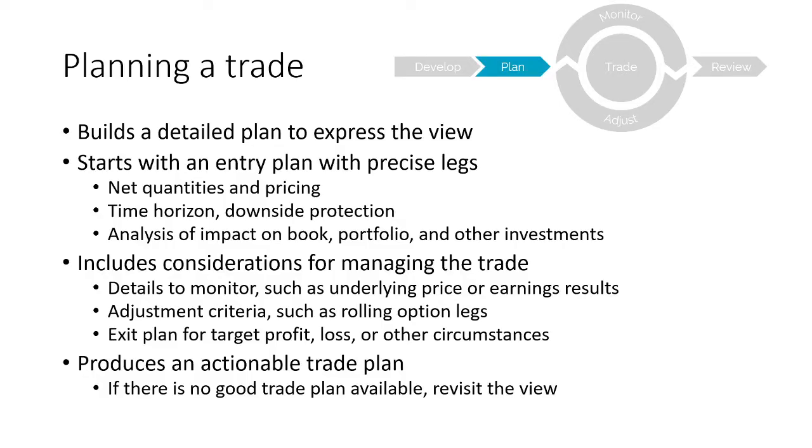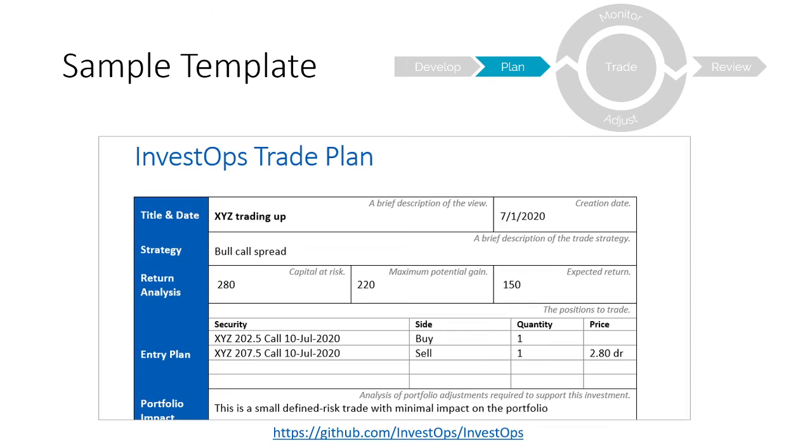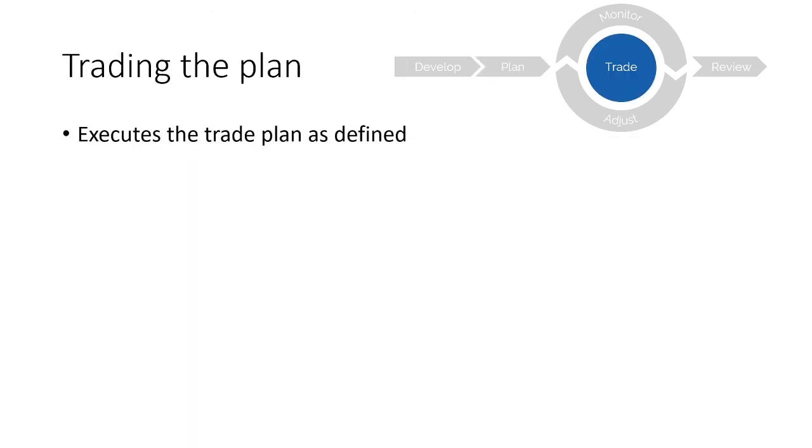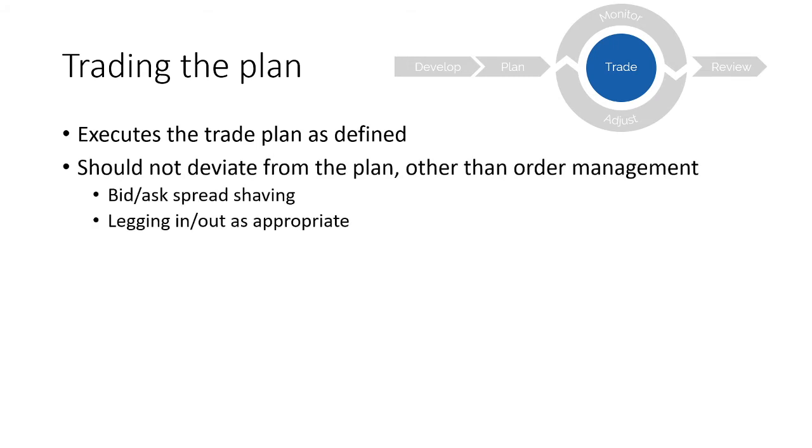So now that we have the trade plan in hand, we'll move up to the trading stage. Now, the trade stage is all about executing the trade plan as defined. So you generally should not deviate from the plan other than small things like order management. So, for example, in the previous trade plan we were looking at, it was $2.80 debit for the spread we were trying to enter.